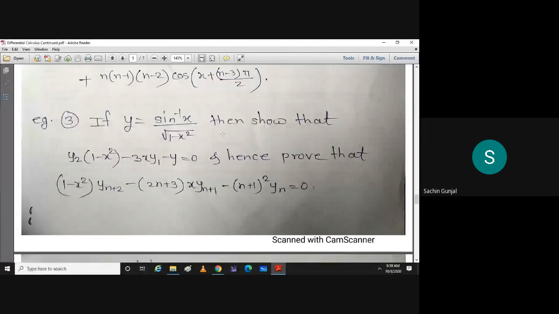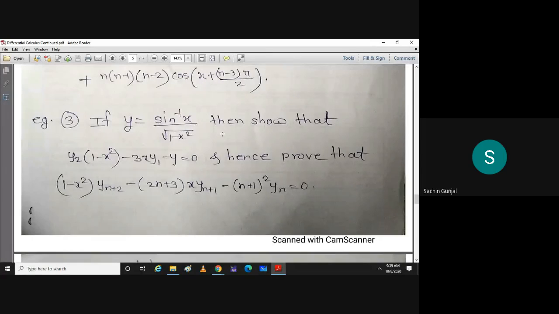Will that help us? Because then 1 minus x square will get converted to cos square theta, and then we'll get theta sec theta. And differentiating that, we can eliminate the theta part of that function with the Leibniz theorem.